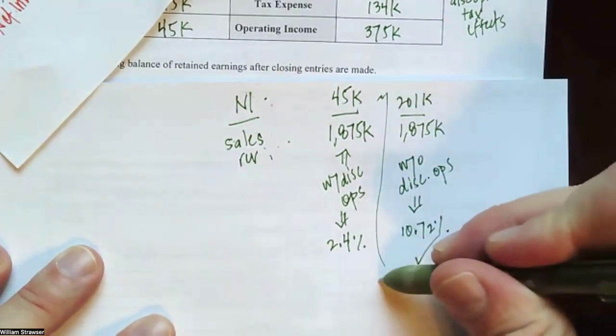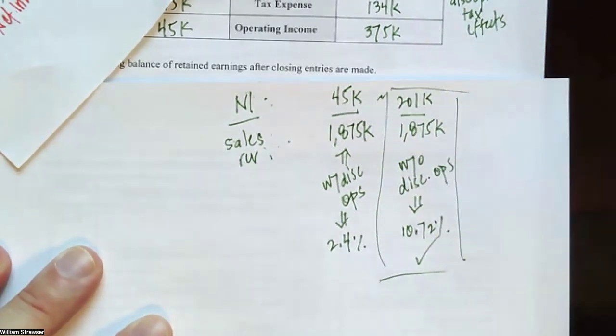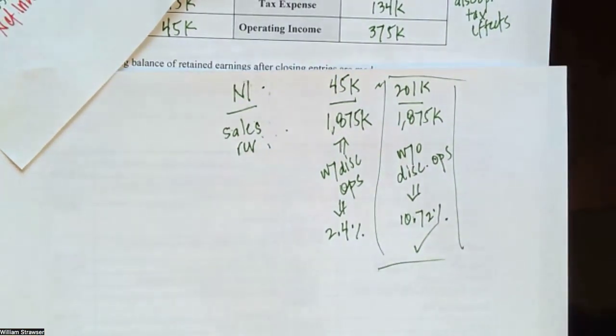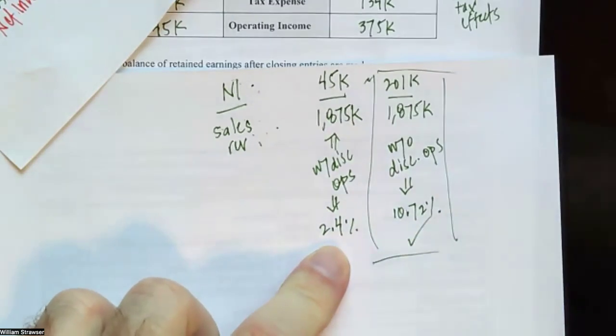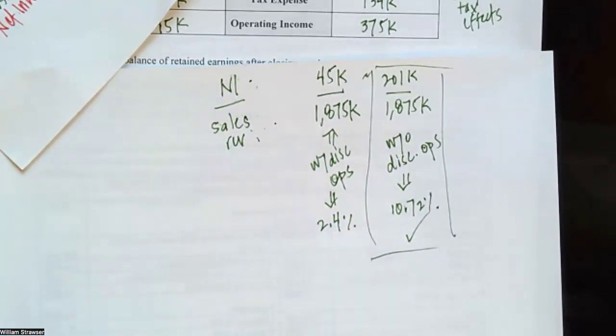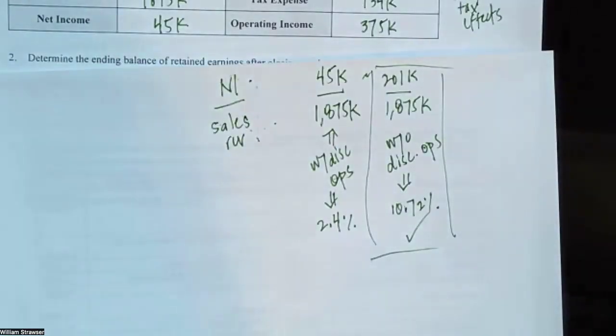It was wise, most likely, to discard the discontinued operations because when this company has those in tow, they're having a lot fewer dollars of sales translated into profits for the company. So this is a real simple analysis using profit margin. All right.